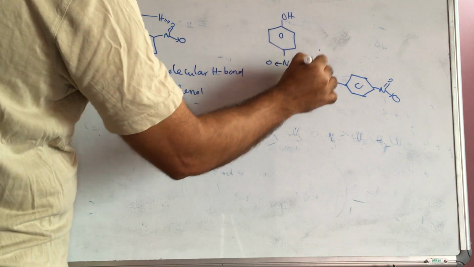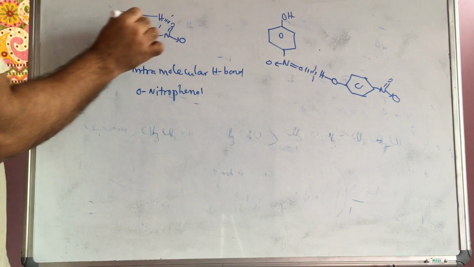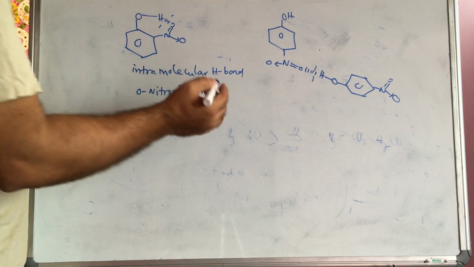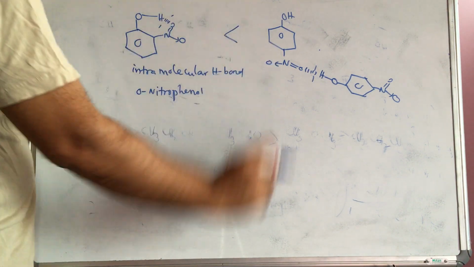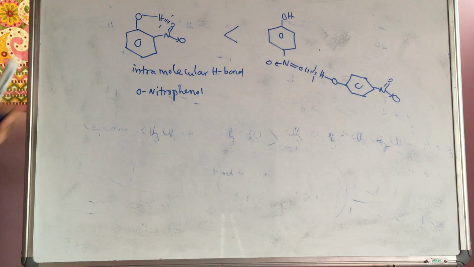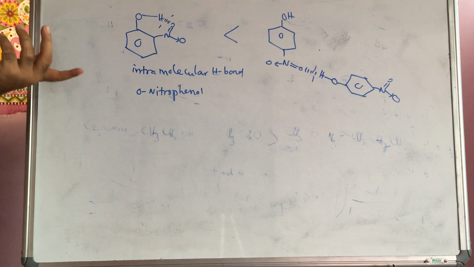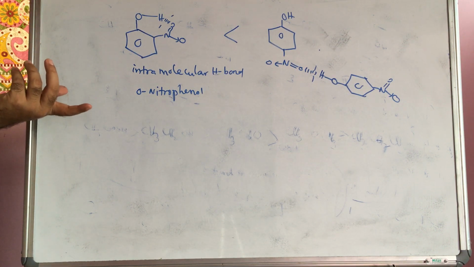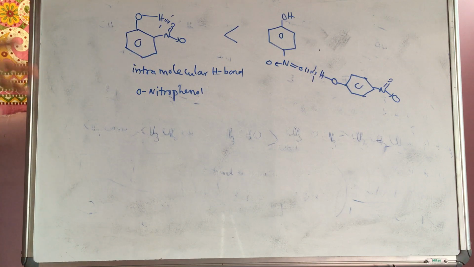Breaking this bond is somewhat more difficult, whereas in the ortho case angle strain will be there. Therefore, the boiling point of paranitrophenol is greater than orthonitrophenol. So it is not always dependent on the hydrogen bond. Sometimes it is van der Waals force, dipole forces, and branching. All together we have to decide which has the higher and which has the lower boiling point.